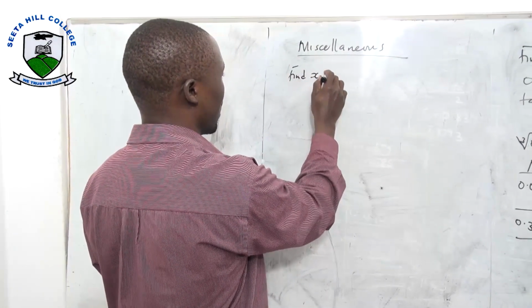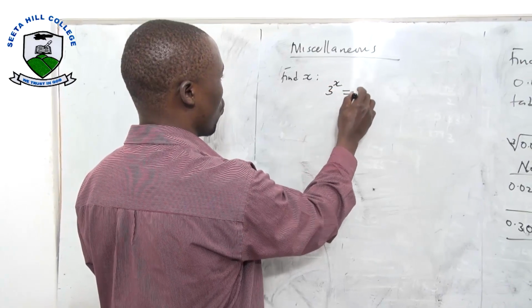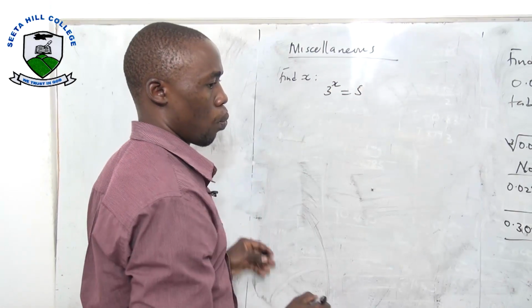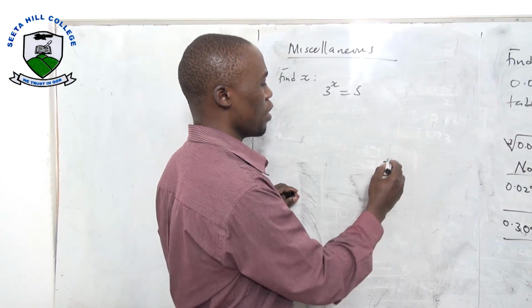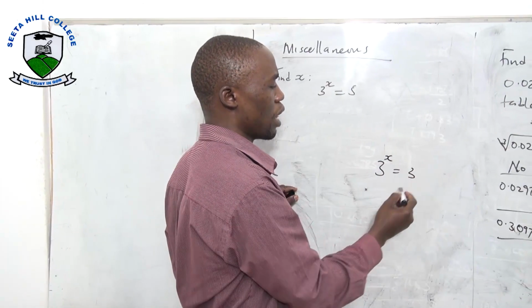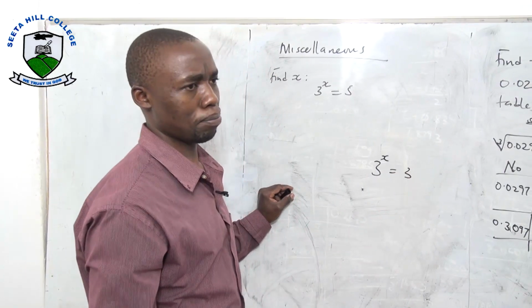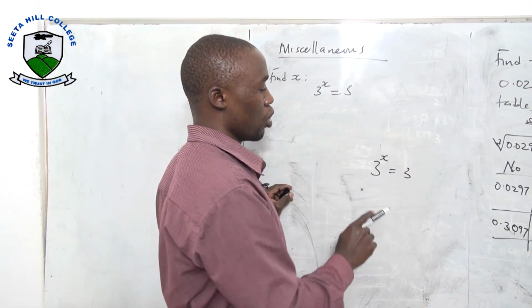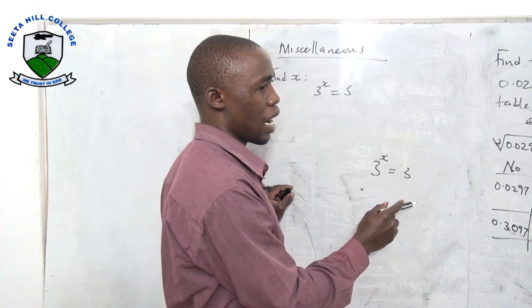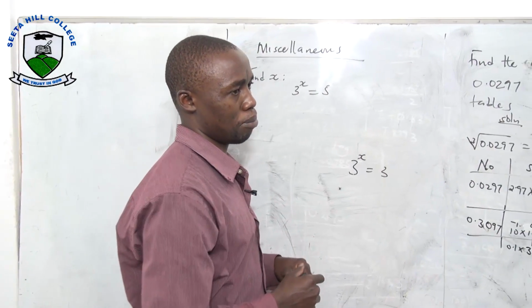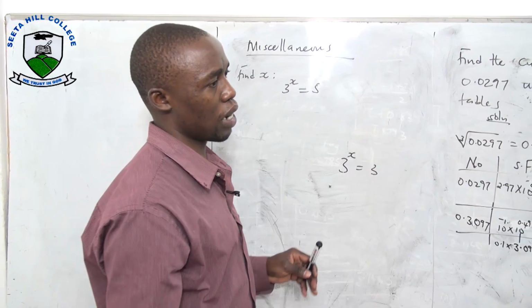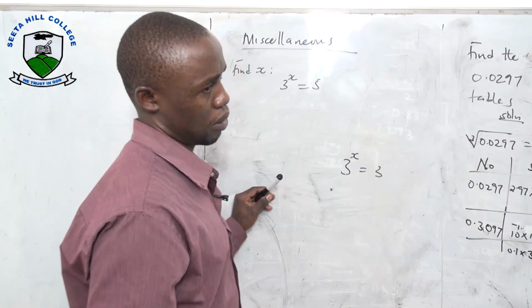Find x. 3 to the power x is equal to 5. Now in the reminder, if you had 3 to the power x is equal to 3, what would be x? 1. Because the bases are the same. But when the bases aren't the same, we use logarithms.